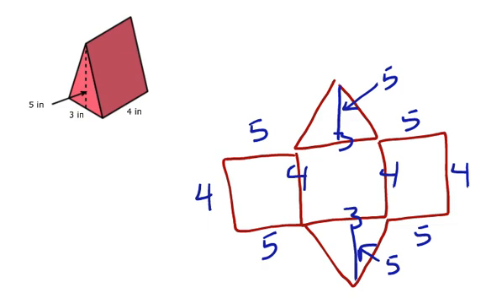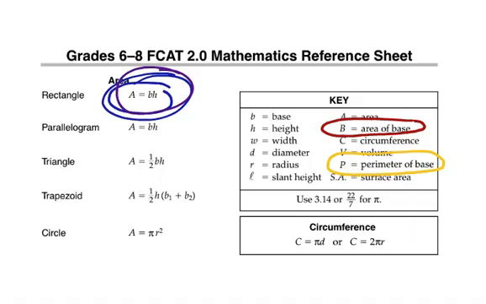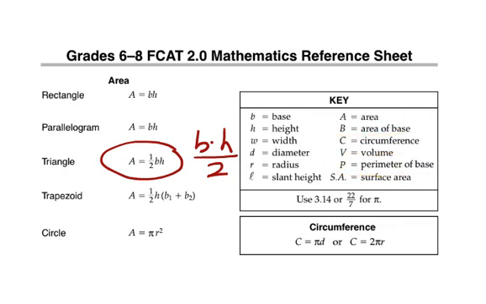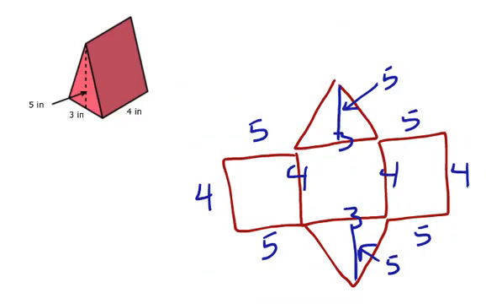So we have 2 triangles, so let's do the triangles first. And the triangle formula for area, if we go back to that, it would be this one for a triangle. And I've written this as BH divided by 2 instead. Dividing by 2 is the same as multiplying by 1/2. So let's go back and do BH divided by 2 to find the triangles.